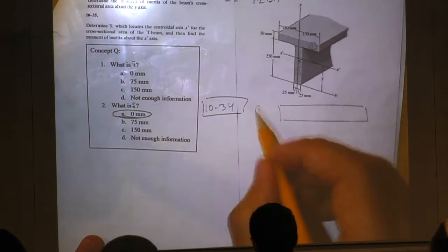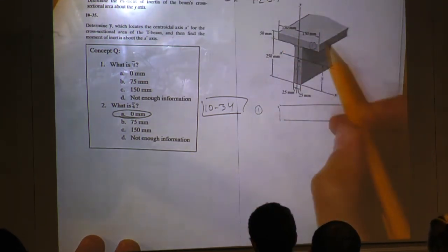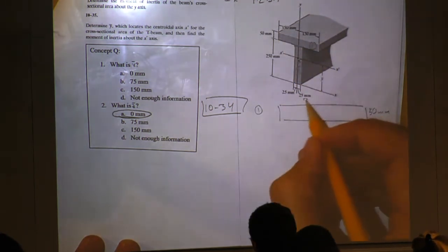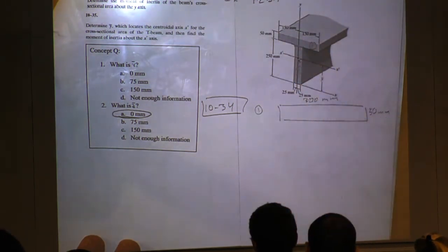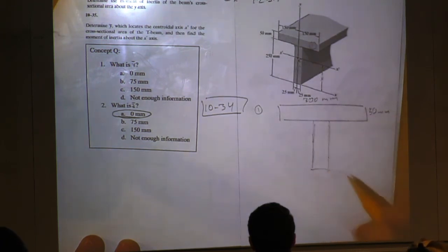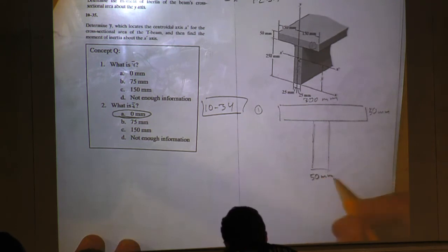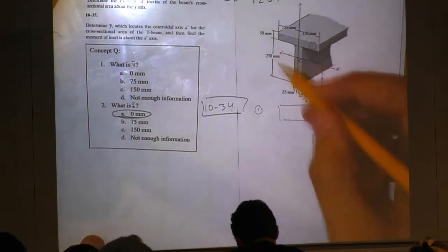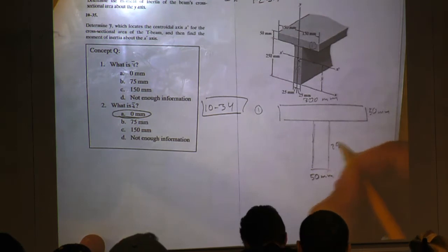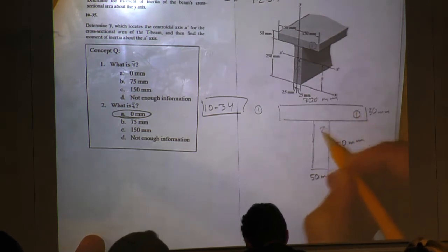My first shape has a height of 50 millimeters and a base of 300 millimeters, and it's connected to this second shape, which is also a rectangle with a base of 50 millimeters and a height of 250. So this is my first shape, this is my second shape.